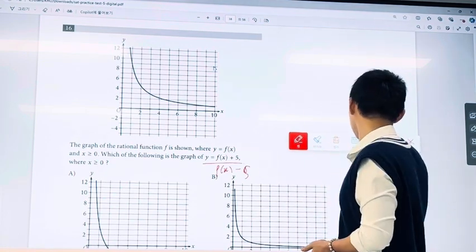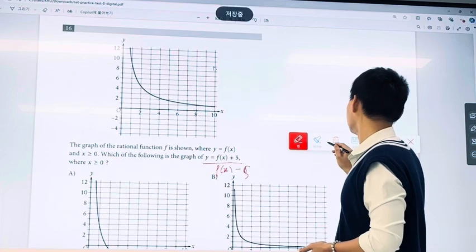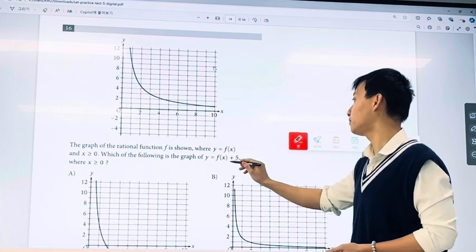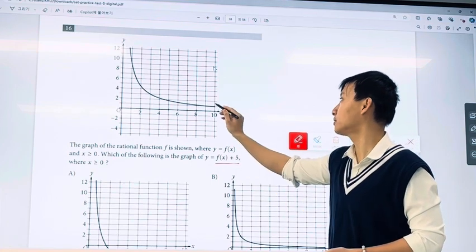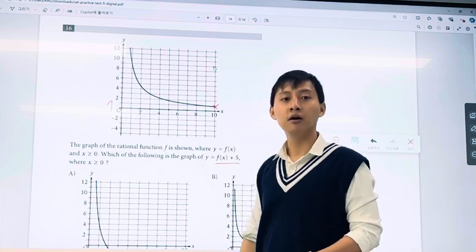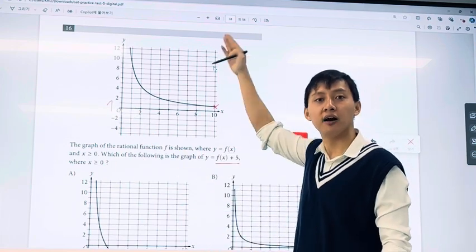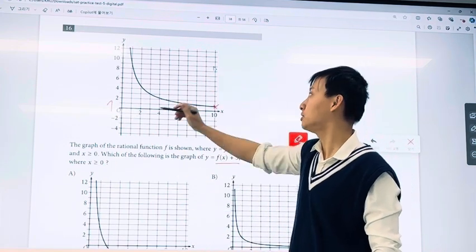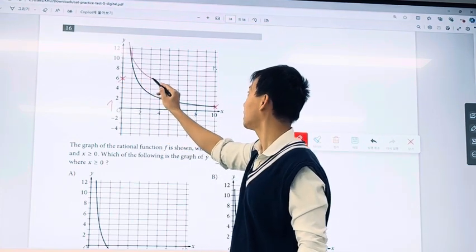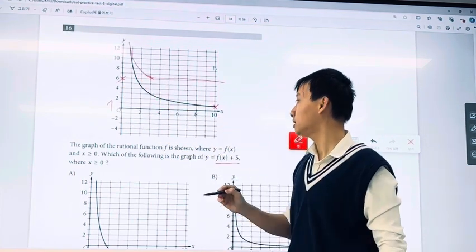But we only focus on this point. From this, you identify the minimum point at 1, and now it moved up to 5. It's somewhere here. So the graph should be like this, right?